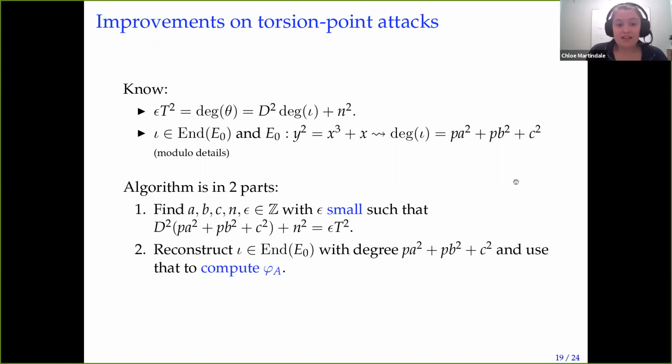And then the online cost is reconstructing an iota with that degree and using that to compute the isogeny itself. Solving this equation with epsilon small enough is something that we don't know how to do. And this is something I like to point out in every talk, just in case somebody has a super idea that we haven't thought of yet.